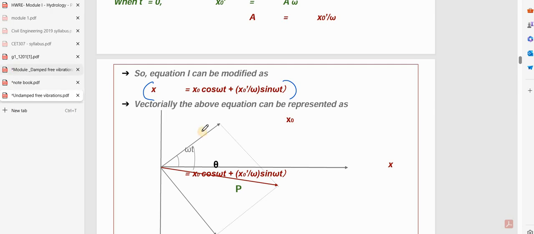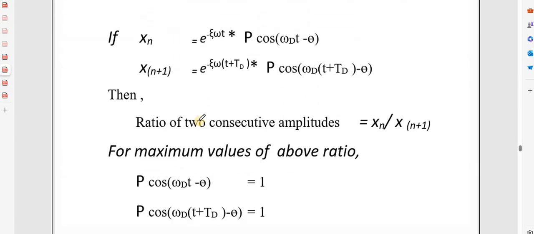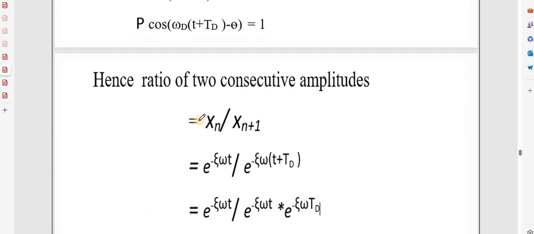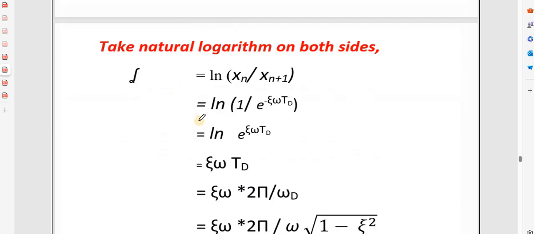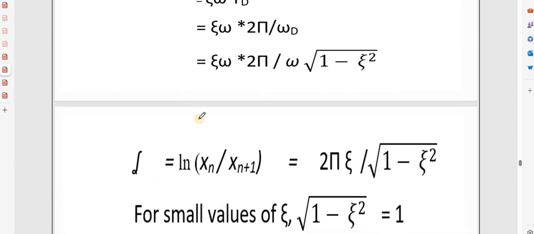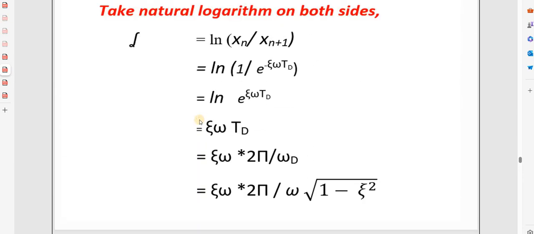Then this is another relationship. Logarithmic decrement is ln of xn by xn plus 1.